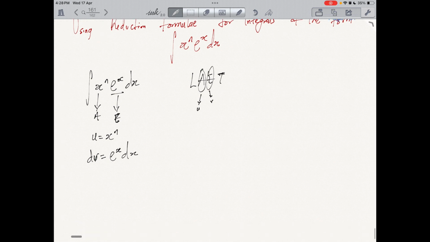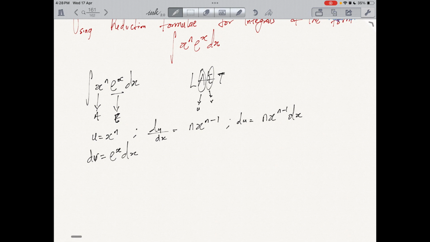So in this case, we'll have to evaluate du. The du in this case is n x raised to power n minus 1, and therefore du will be n x raised to power n minus 1 multiplied by dx.